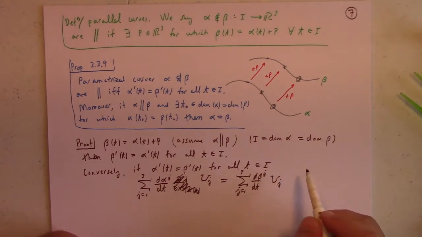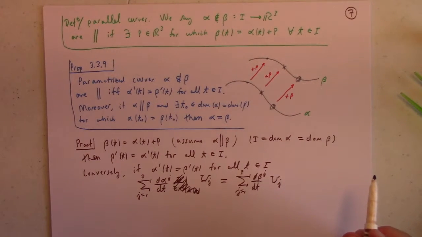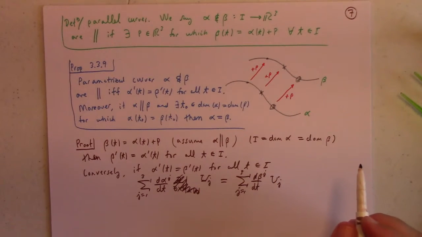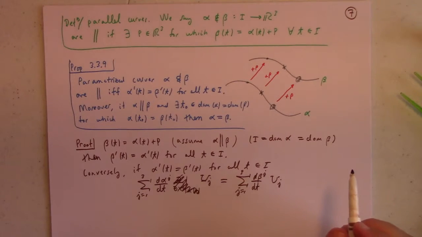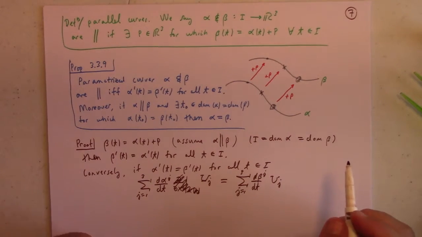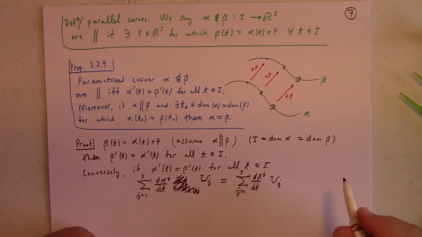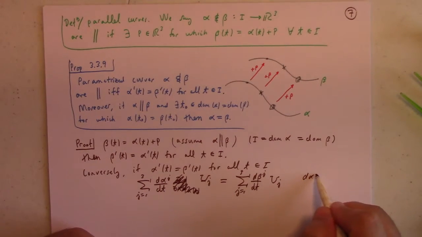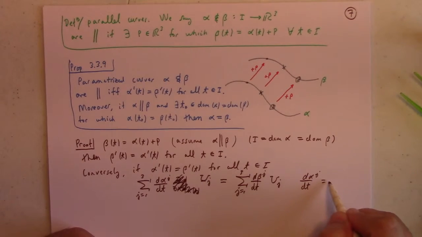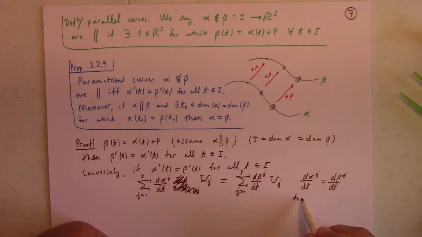But you notice here I really am moving; there's some kind of push forward going on here, to be more technical. Anyway, the point is you just have d alpha j dt is equal to d beta j dt for j equals 1, 2, and 3.